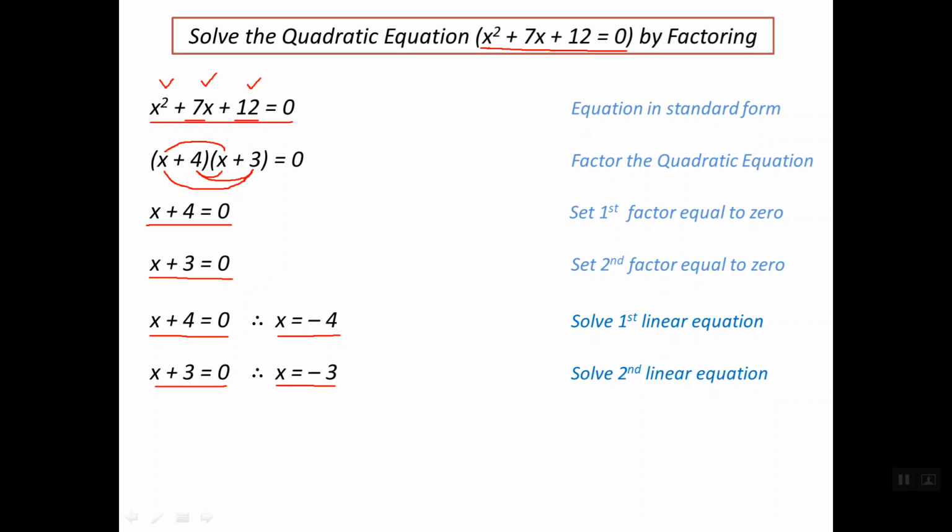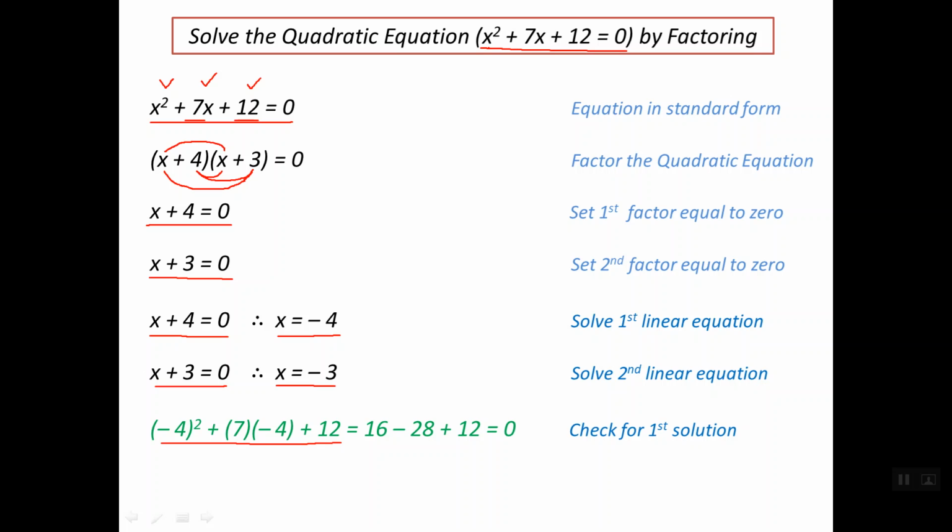Now we can check for the correctness of our two solutions, which are x equal to minus 4 and x equal to minus 3, by substituting these values in the main quadratic equation. For the first solution, x equal to minus 4: minus 4 squared plus 7 multiplied by minus 4 plus 12.